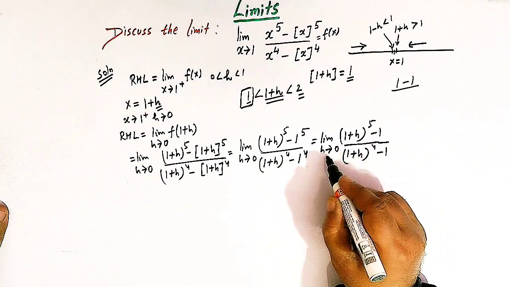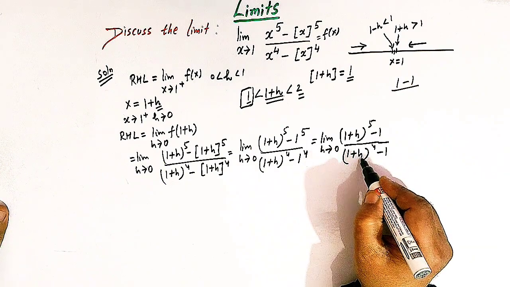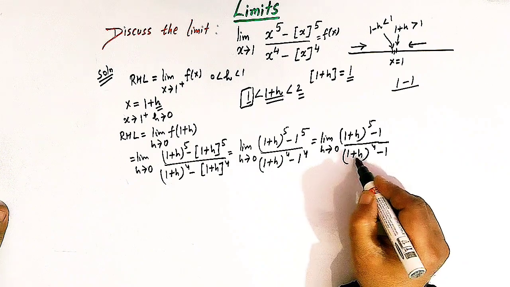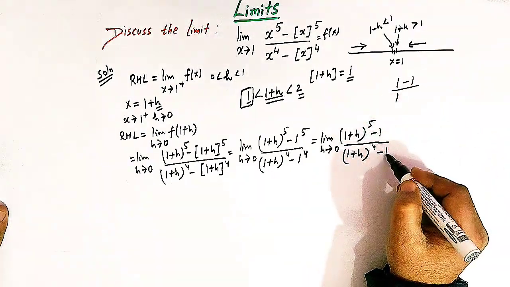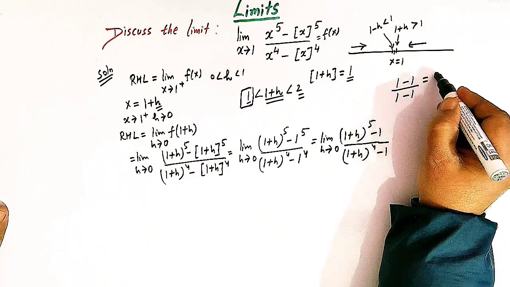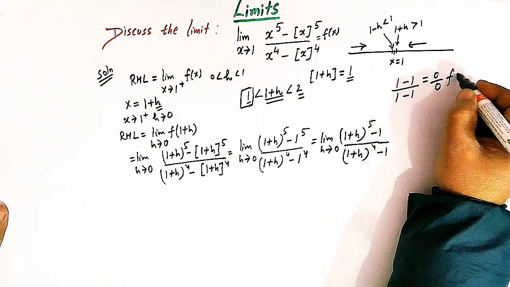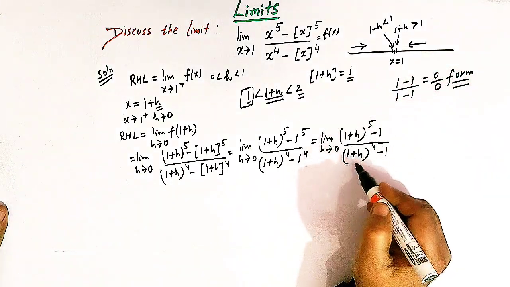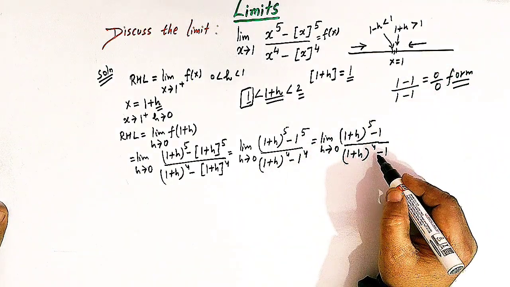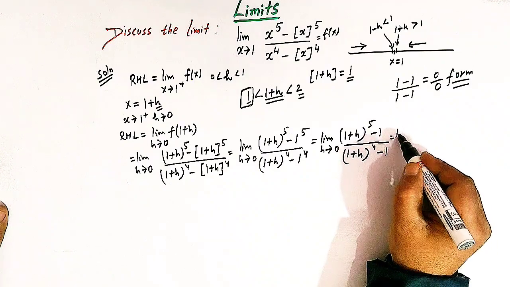And when we take h equal to 0 in the denominator, then 1 plus 0 is 1, 1 raised to 4 is 1, and here we have minus 1, so this is 0 over 0, right?